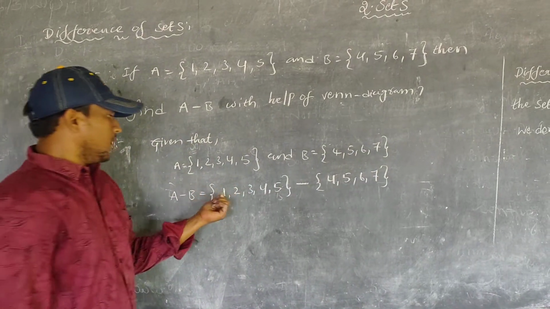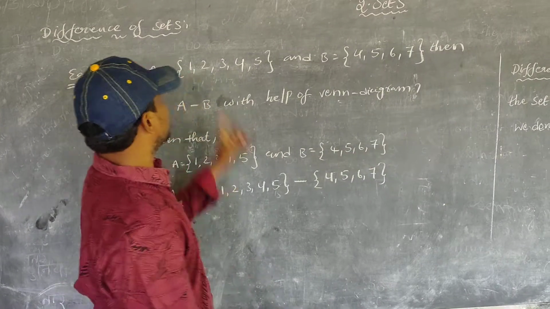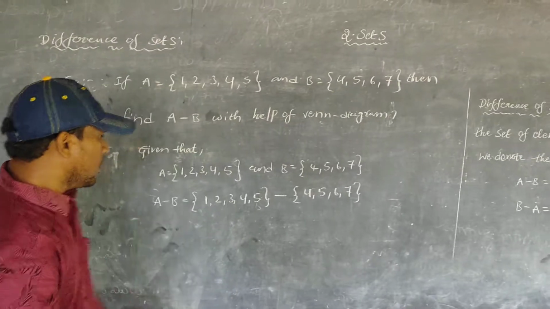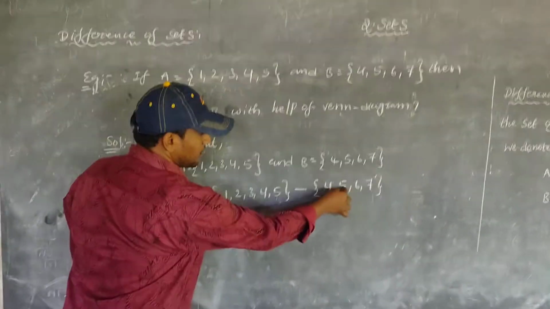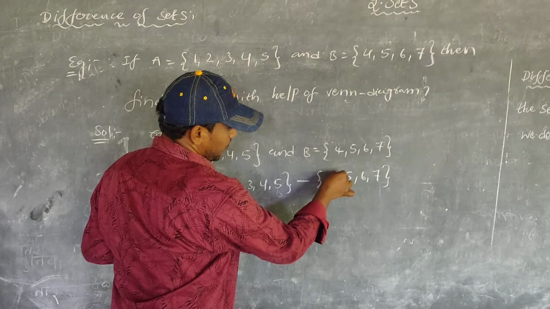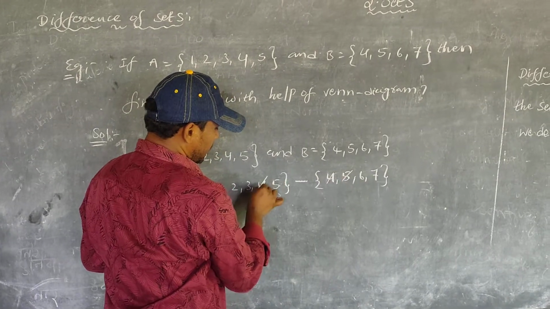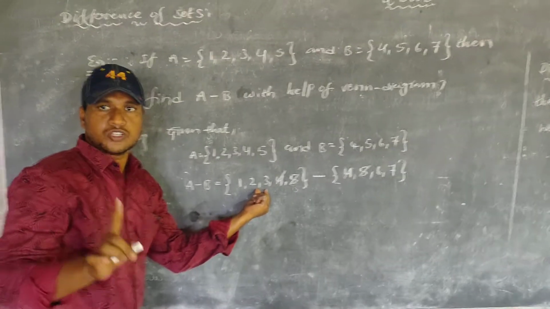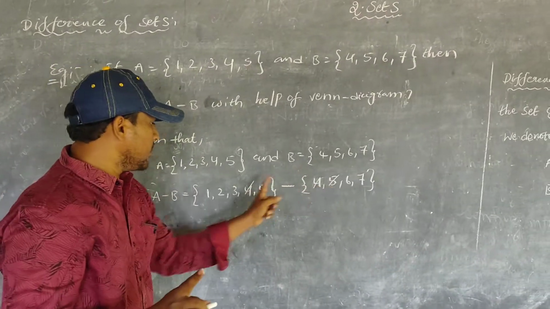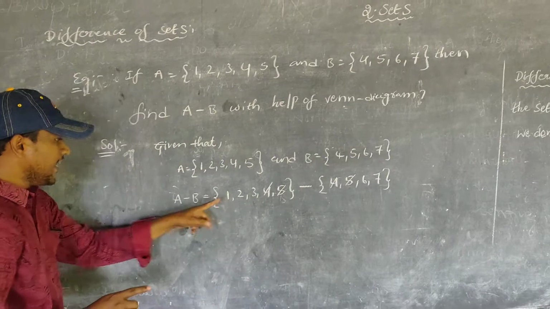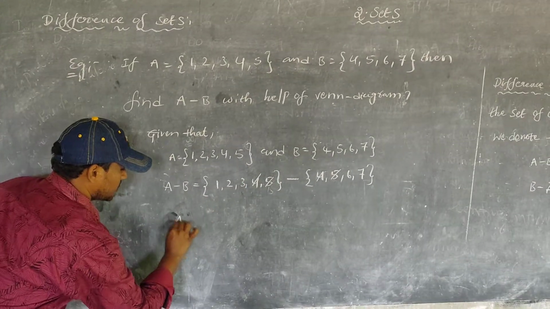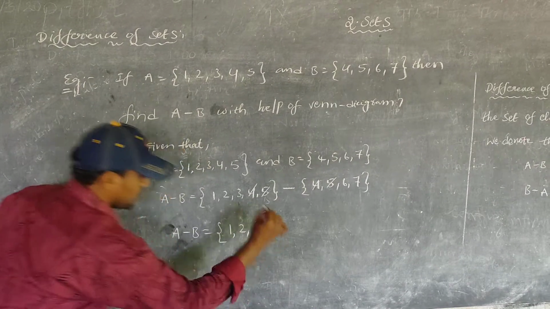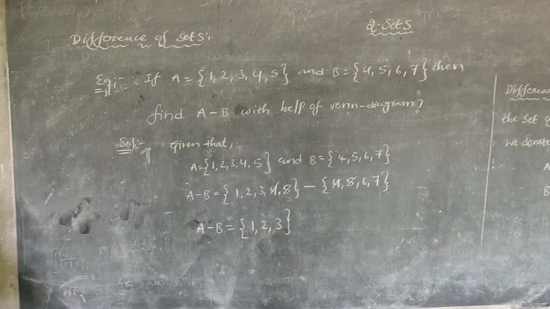Subtract: the difference of sets means elements which belong to A but do not belong to B. The elements 4 and 5 are in set B, and here also 4 and 5, so they cancel. The remaining elements are 1, 2, 3. That's why A minus B is equal to {1, 2, 3}.